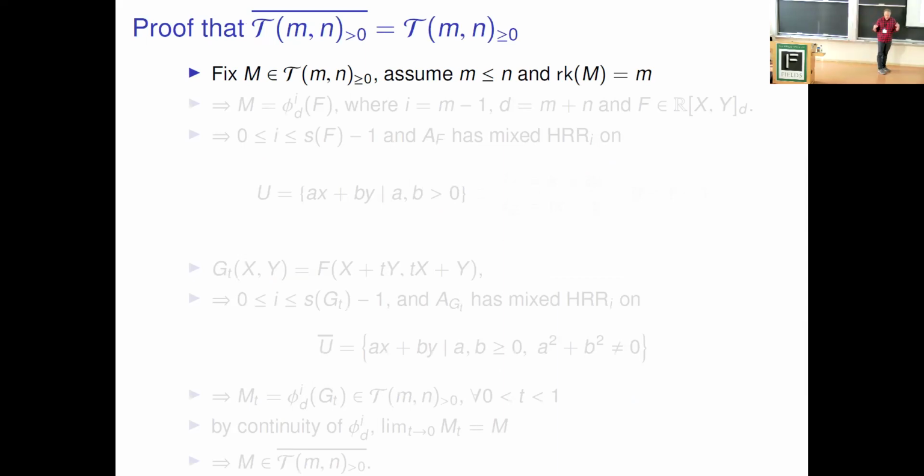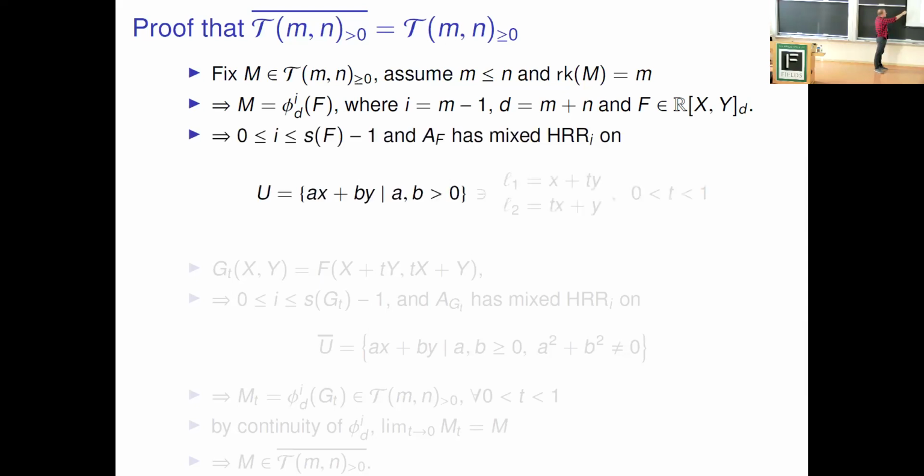I'm not really allowed to assume that without loss of generality, but I can do it as part of a downward induction on rank. So this is my base case. Well, I know M is a phi ID matrix of some F in degree D, where D is M plus N. Also, if M has full rank, that means that I is less than the Sperner number. And also, non-negative means AF satisfies mixed Hodge-Riemann on the open cone.